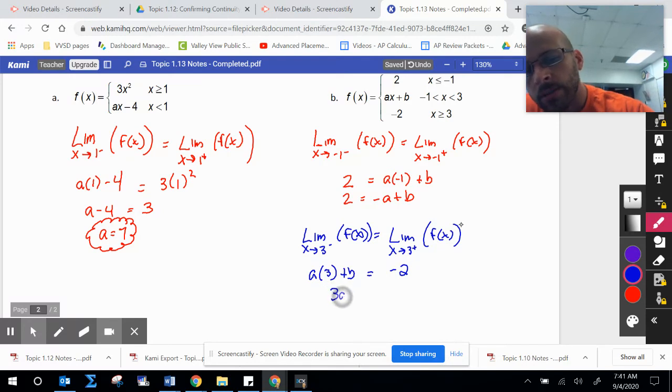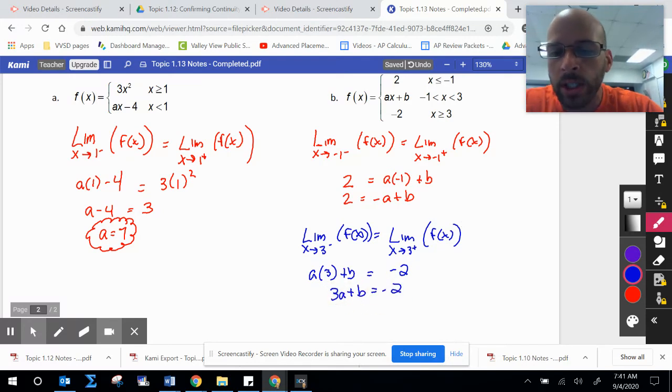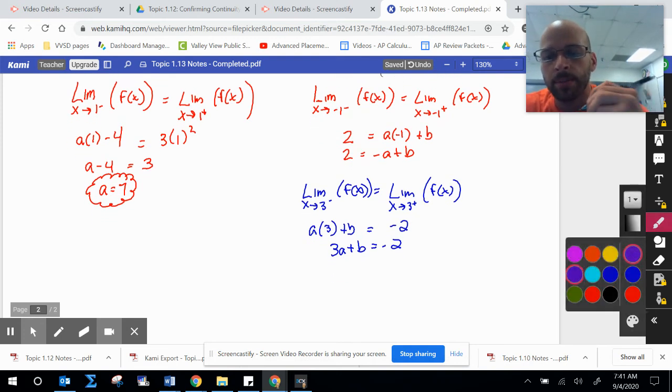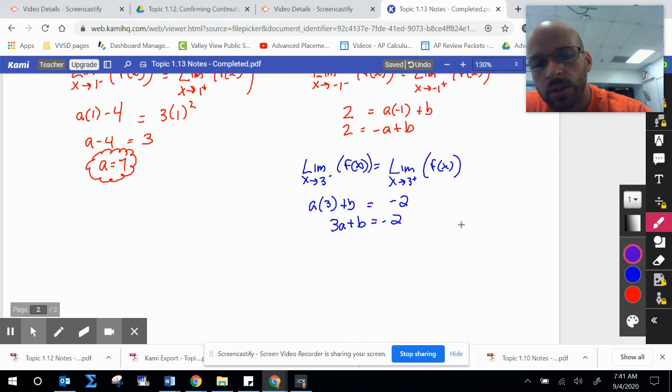Or in this case, 3a plus b equals negative 2. So now I have two equations that have a and b. So I'm going to just create a system of equations. Okay, so I have negative a plus b equals 2. I have 3a plus b equals negative 2.